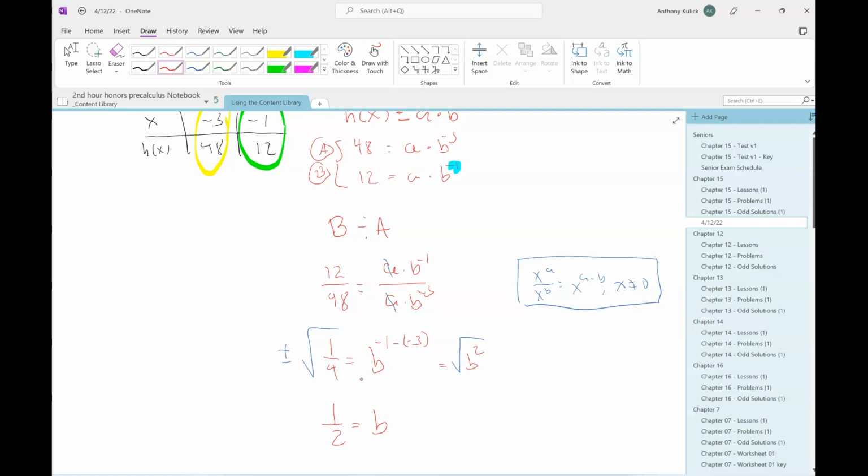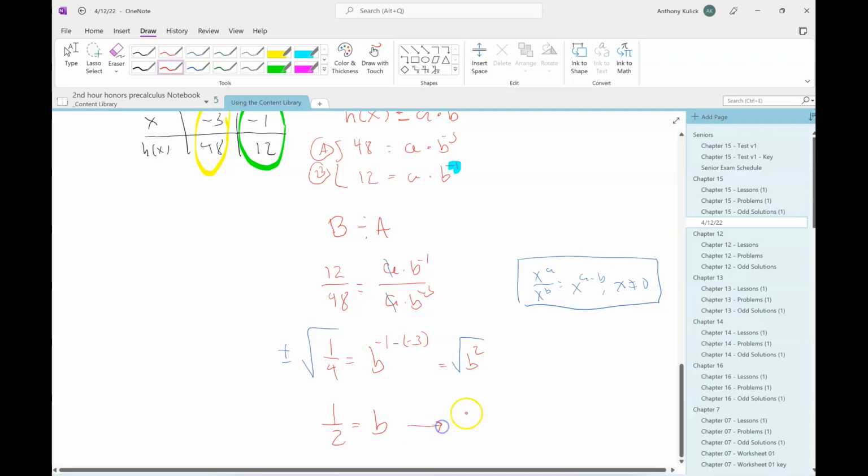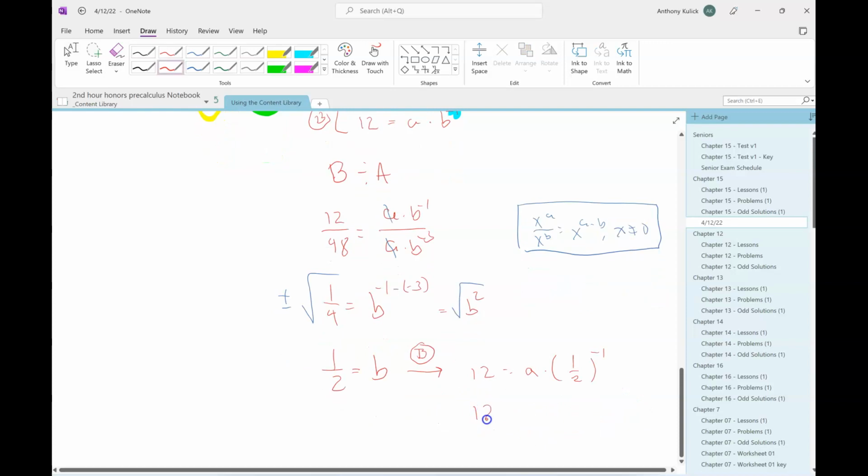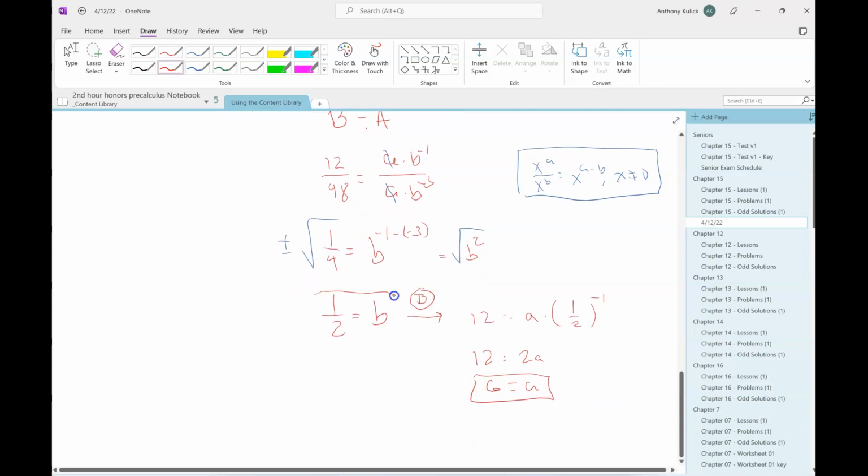Cool with that? I'm going to take that answer and plug it into one of the 2 equations. I'm going to choose to plug it into equation B. So now that I have my answers for A and B, I can write my equation.